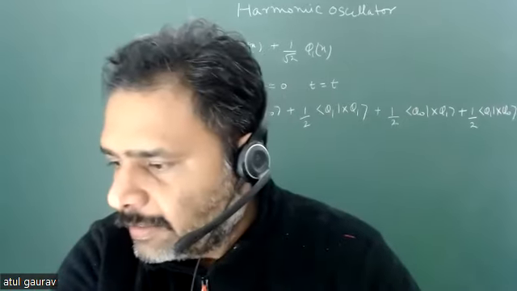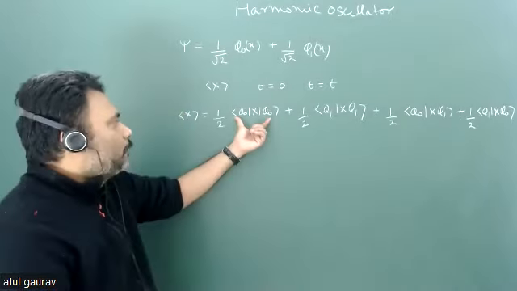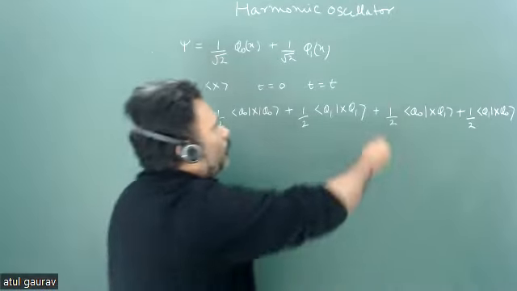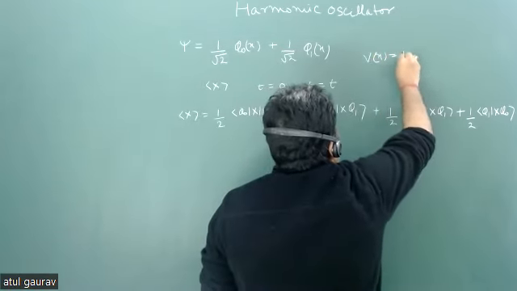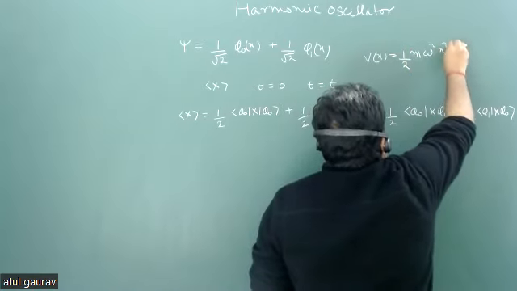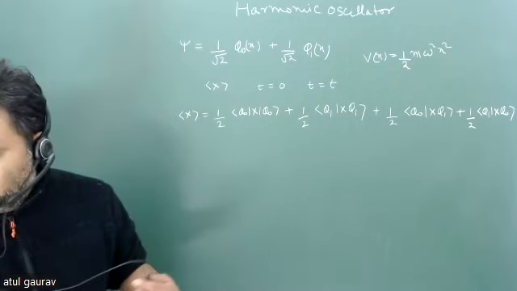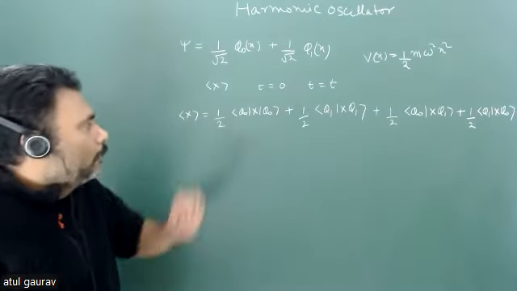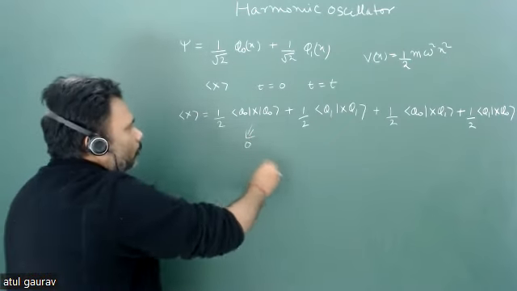So in the last class we have discussed all these things, that this is nothing but the expectation value of x, and the harmonic oscillator is given as Vx equal to half m omega square x square. So this is just a generalized harmonic oscillator, and it is a well-known thing. So this value is equal to what? 0.